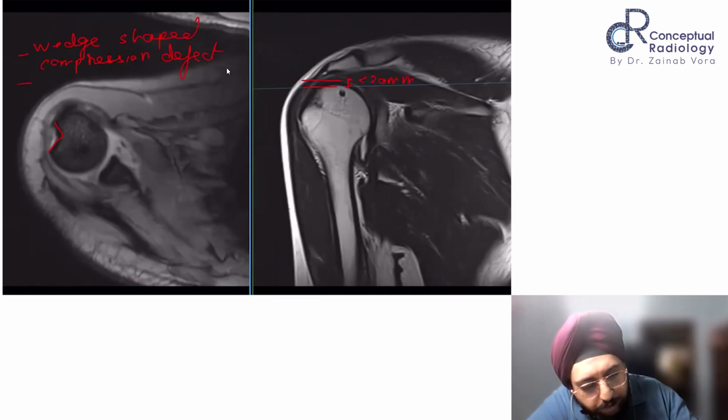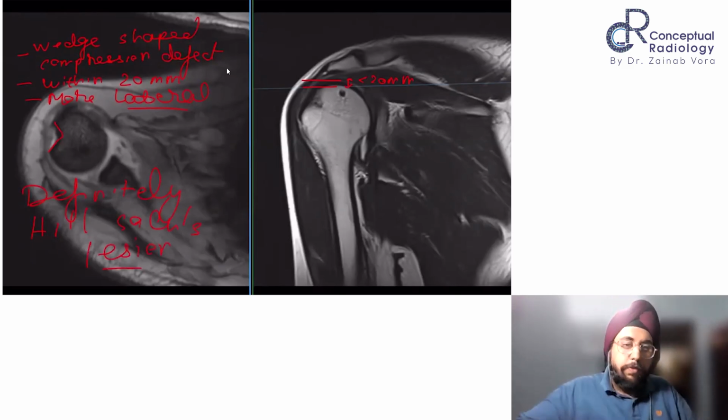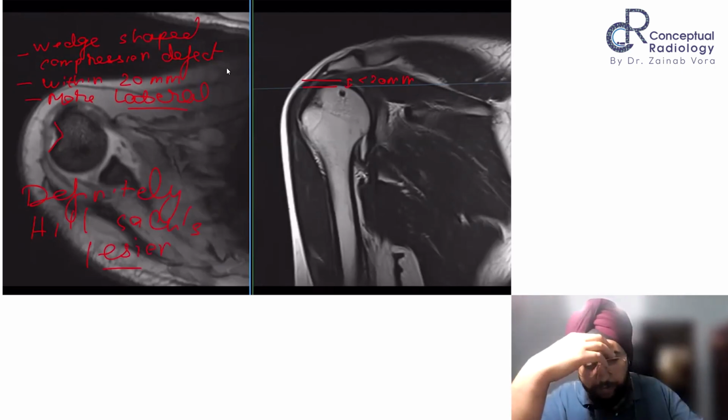So it's within 20 mm of the cephalic part of the humeral head, more lateral. So this is definitely a Hill-Sachs lesion. I hope I'm clear with how to differentiate between a Hill-Sachs lesion and a normal anatomical groove.